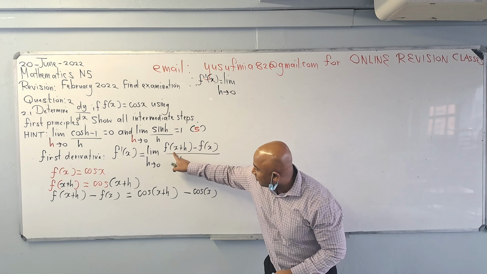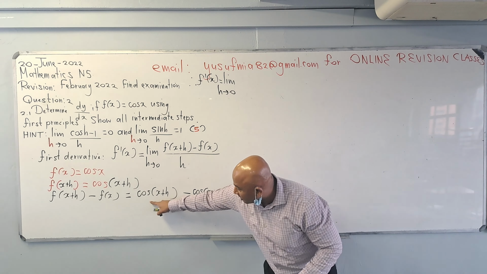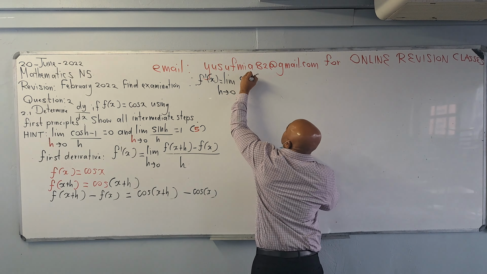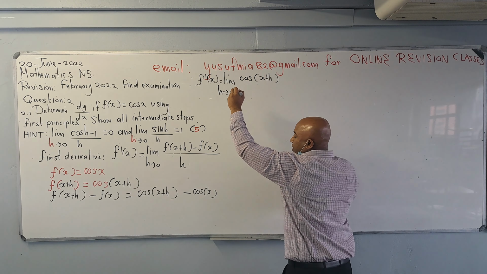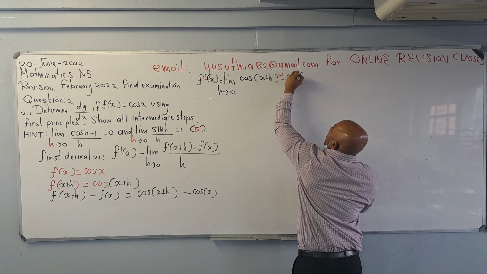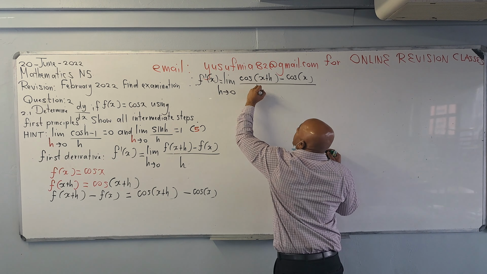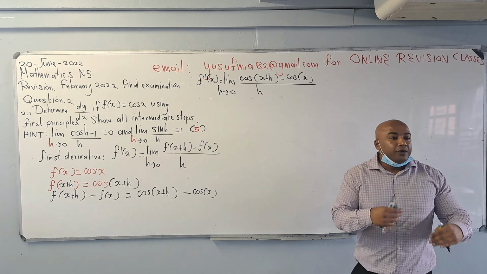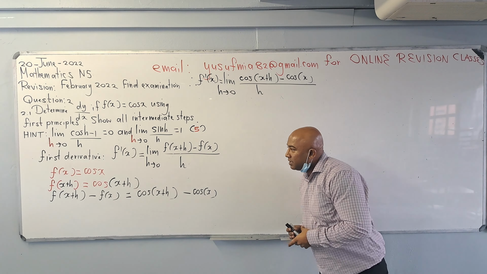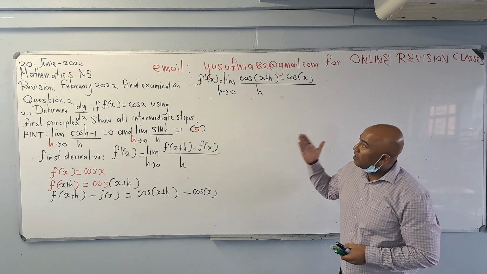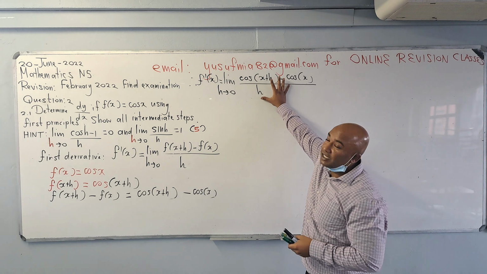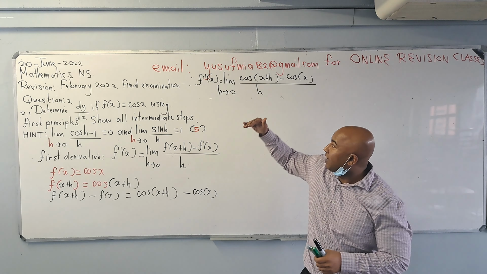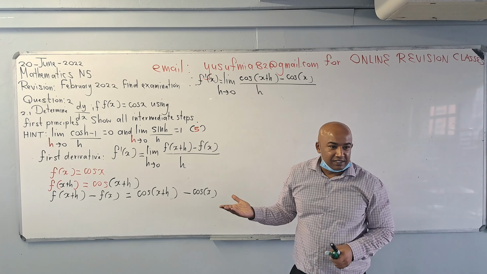My numerator, f of x plus h minus f of x, is this whole part here that we just worked out, which is cos of x plus h minus cos x, all divided by h. Now you know from your experience dealing with limits with first principles from grade 12, after you do a substitution and simplify, you take out h as a common factor, and then h and h always cancel.